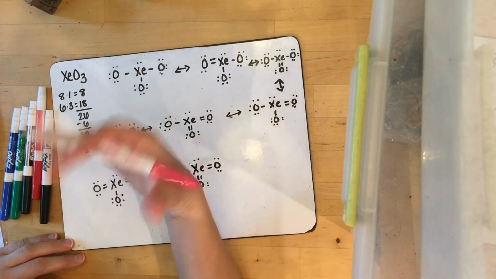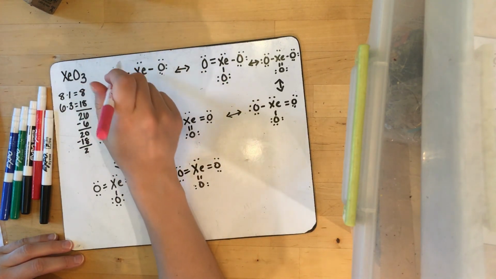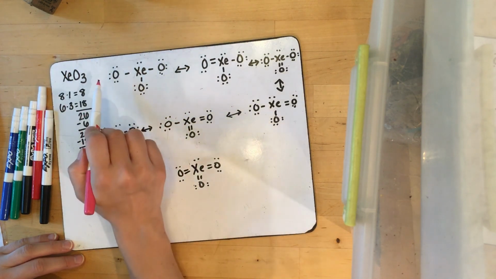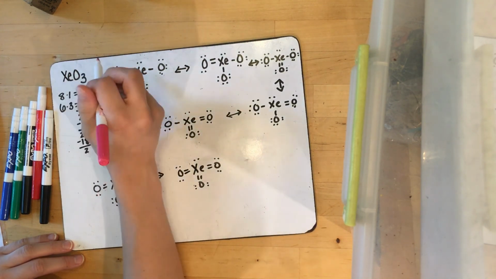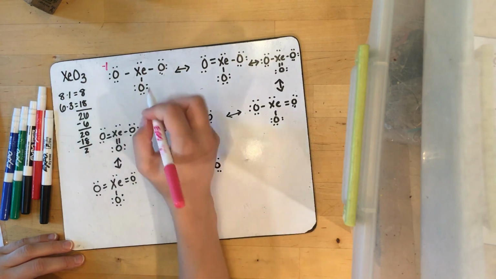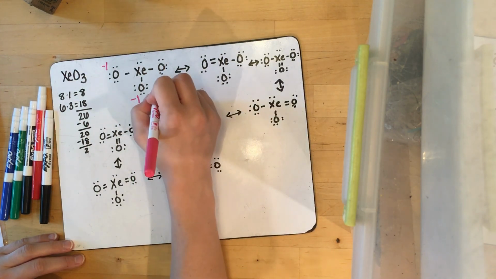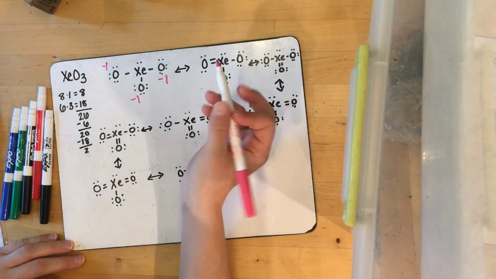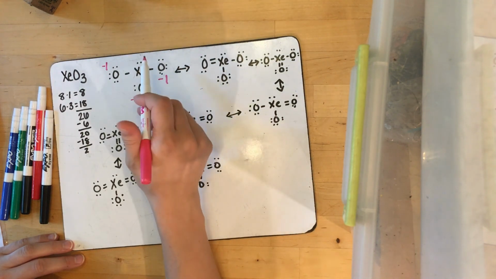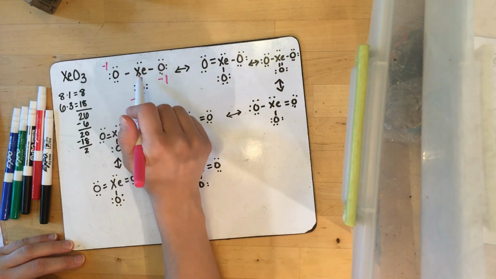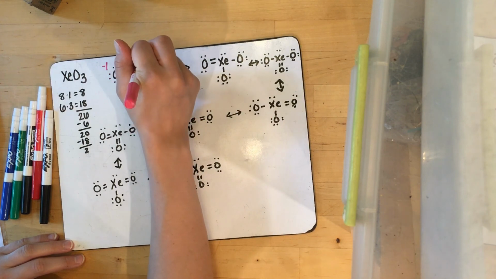So oxygen has 6 on the periodic table, so we can go 6, 5, 4, 3, 2, 1, 0, -1. Each of these is in the same situation, so they're all going to be -1. Xenon starts with 8, so 8, 7, 6, 5, 4, 3, so that's going to be +3.